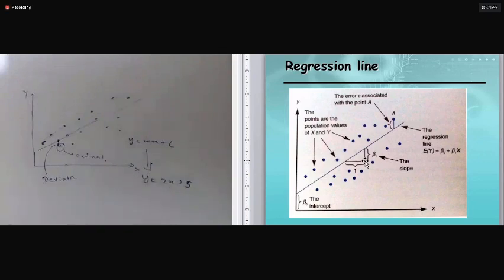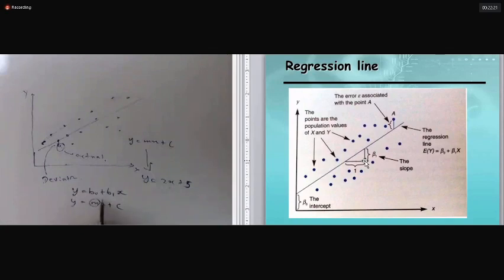But here we do not write y is equal to mx plus c. We write the equation of the regression line: y is equal to b naught plus b1x. This is similar to y is equal to mx plus c.